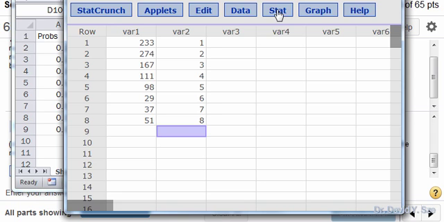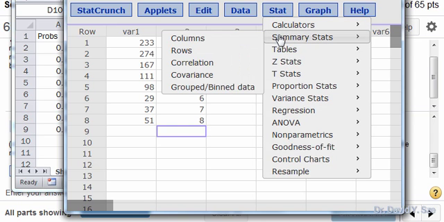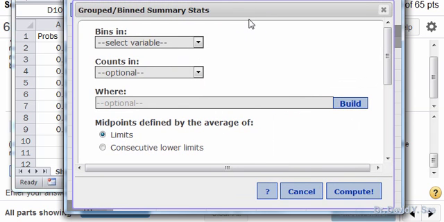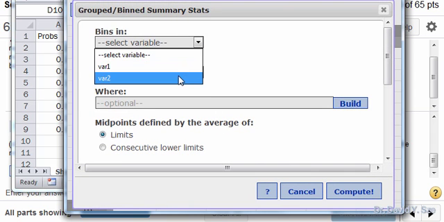The routine in StatCrunch can calculate the weighted average. In other words, this says that 233 people had 1 kid, 274 had 2 kids. This is like pretending we have exactly 1,000 women. So if we go Stat, Summary Stats, and choose Grouped or Binned Data, these are like bins. The bins are in variable 2.